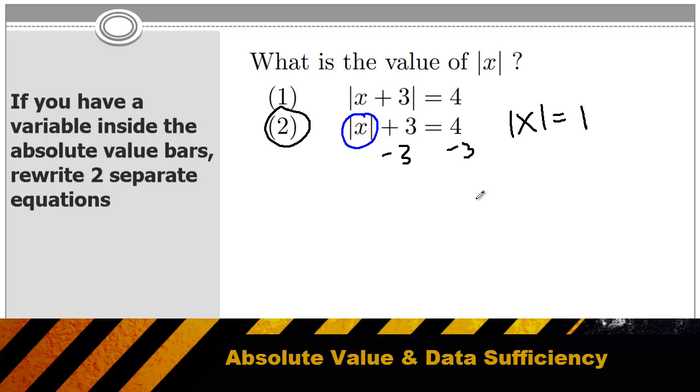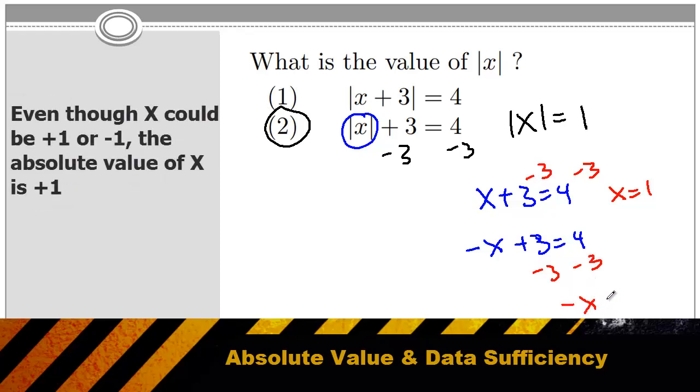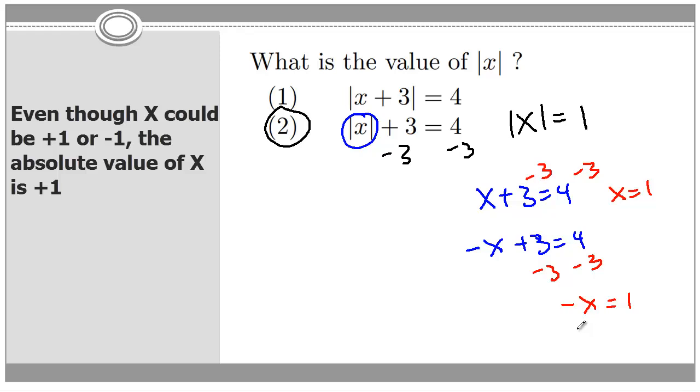So statement 2 could break down to x plus 3 is equal to 4, or negative x plus 3 is equal to 4. And then I just solve each equation individually. Subtract 3 from both sides, and I get x is equal to 1. On the bottom equation, subtract 3 from both sides, and I get negative x is equal to 1, or x is equal to -1.